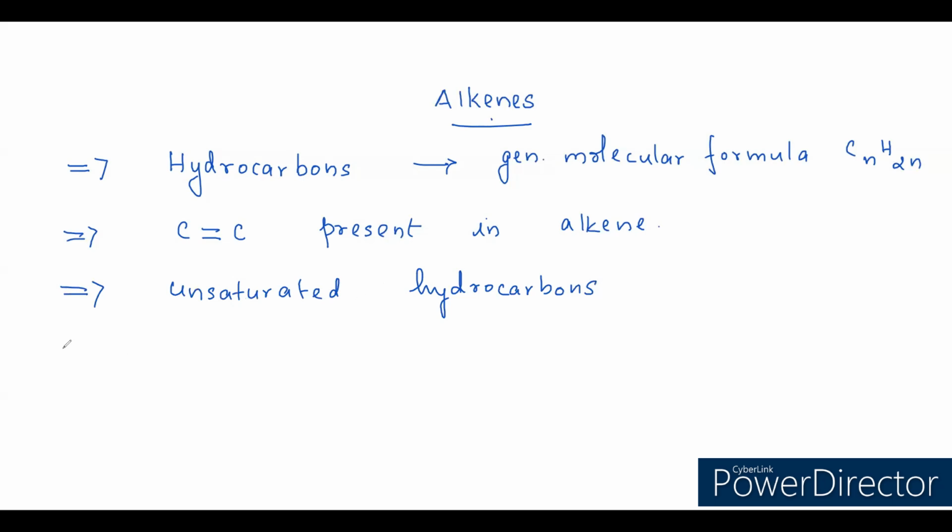What is the reason to call alkenes unsaturated? The presence of the carbon to carbon double bond. Then, moving on, because of this unsaturation, they are more reactive than alkanes.